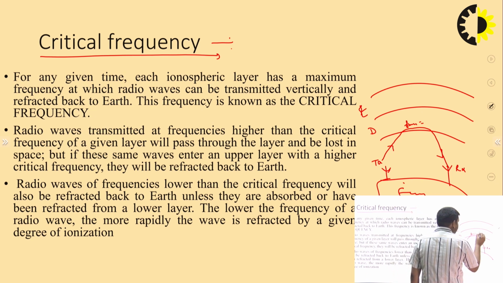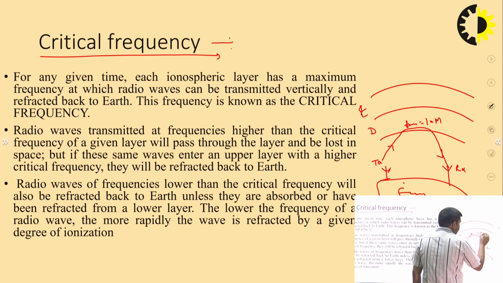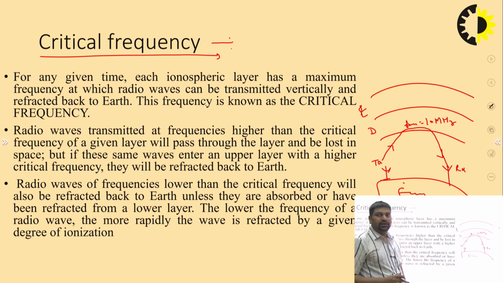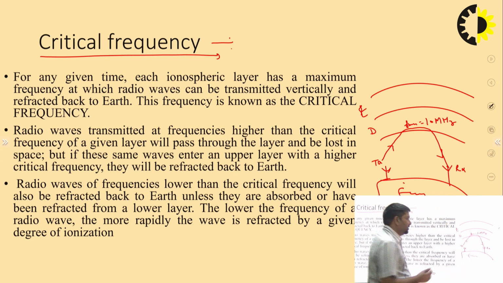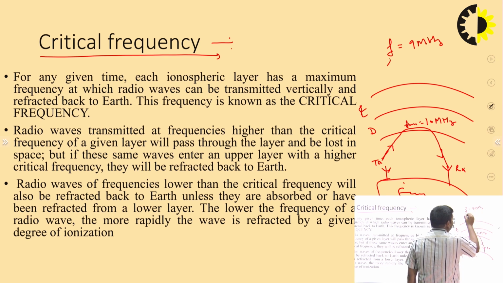Say for the D layer, the critical frequency is 10 megahertz. If we transmit a 9 megahertz frequency, this is less than the critical frequency, because the critical frequency is 10 megahertz.